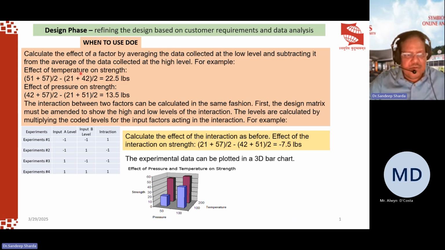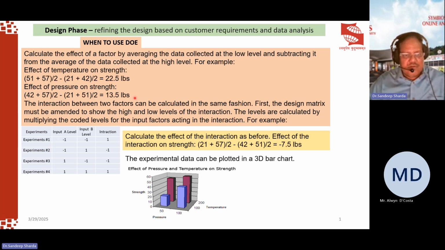For example, the effect of temperature on the strength is (51 + 57)/2 minus (21 + 42)/2. The effect of pressure on the strength is (42 + 57)/2 minus (21 + 51)/2, which is 13.5 lbs.